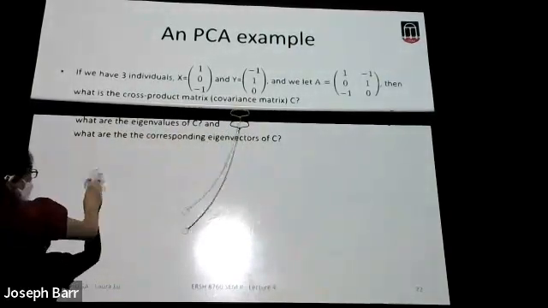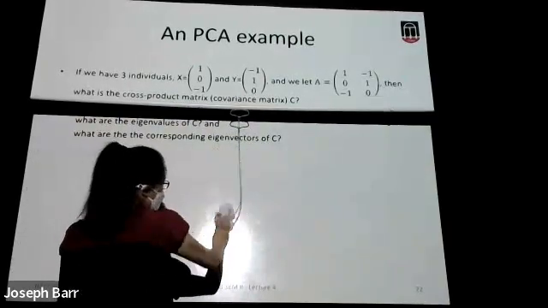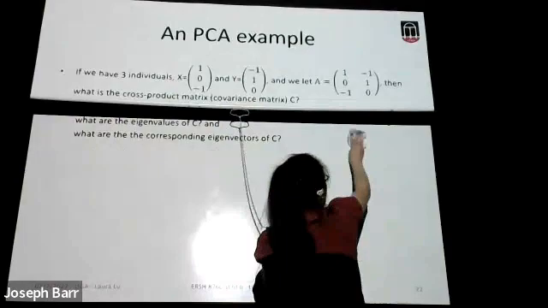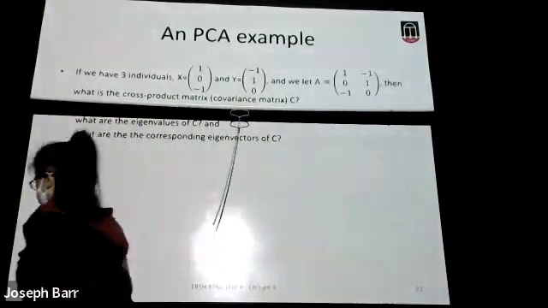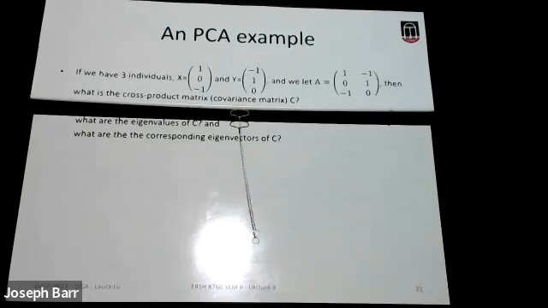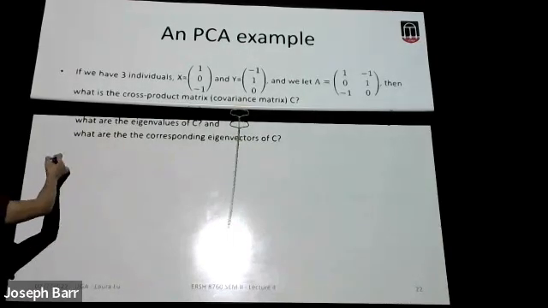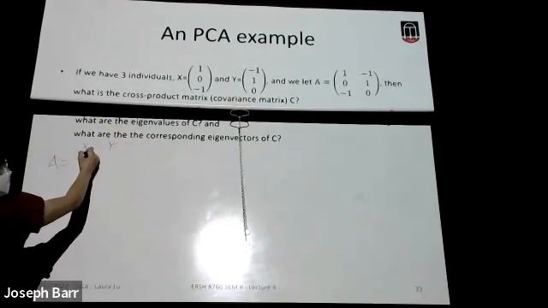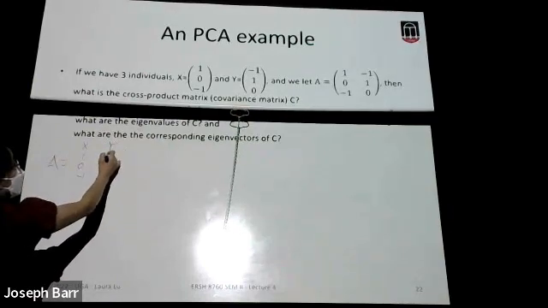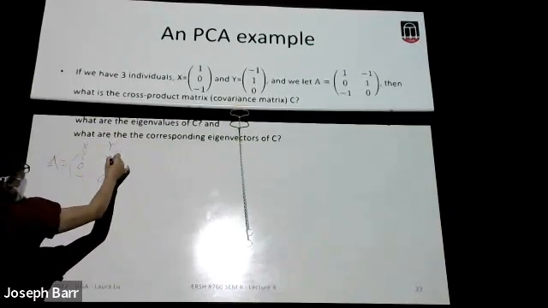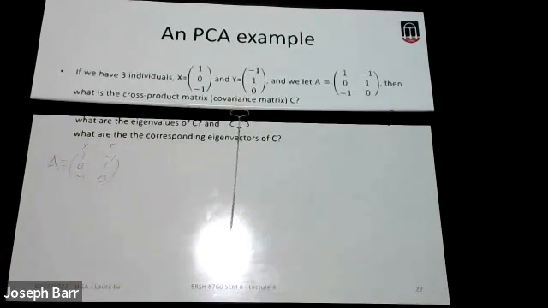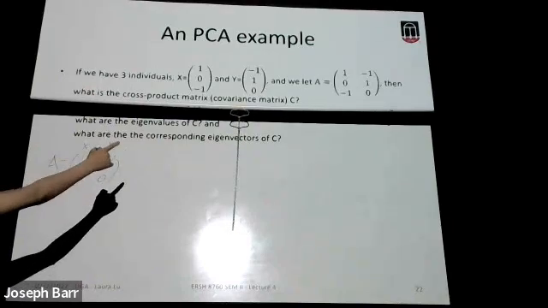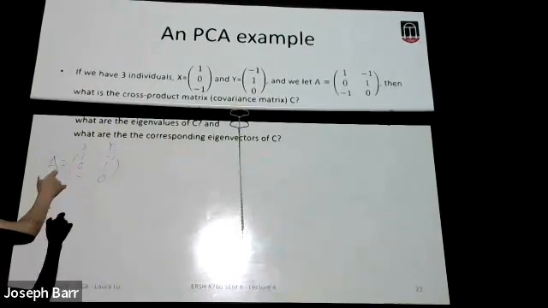The document is also uploaded to ELC, so we can just follow the exercise. We can do it together here. That is our A matrix. We have 2 variables, x variable and y variable. So we have 1, 0, -1, -1, and 0. And we're trying to get the covariance matrix C. We have 2 variables.